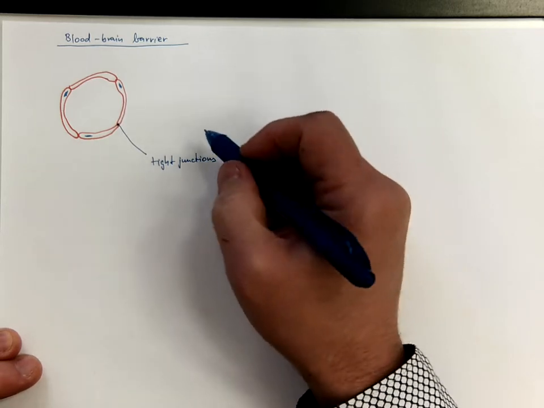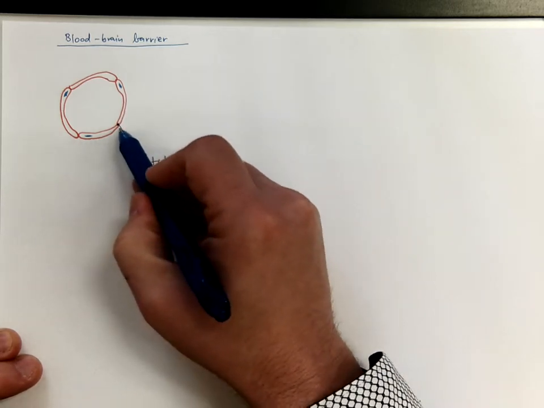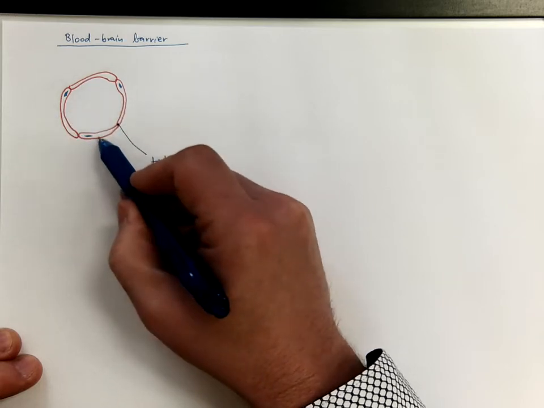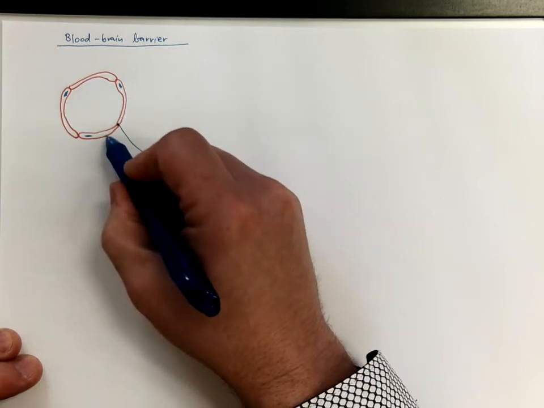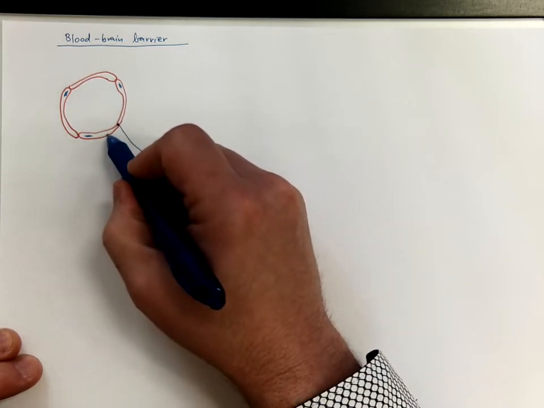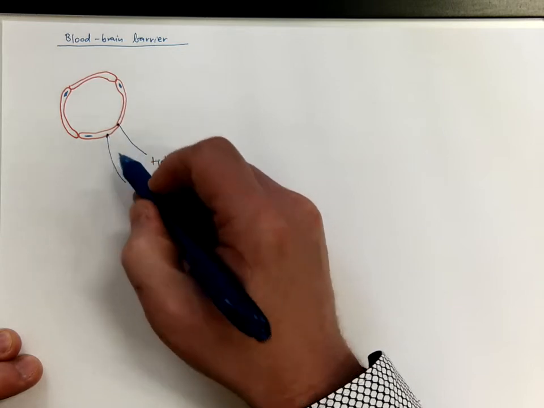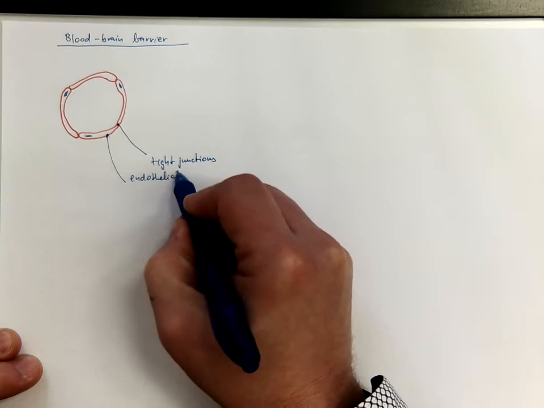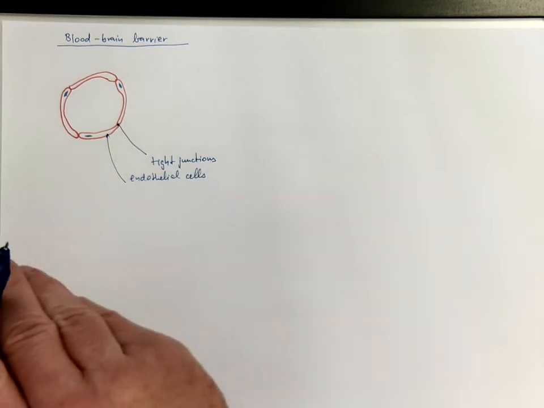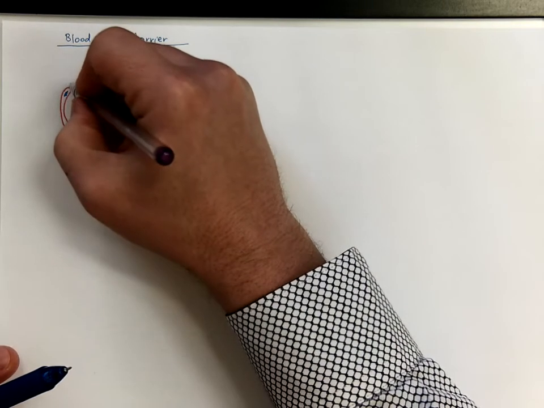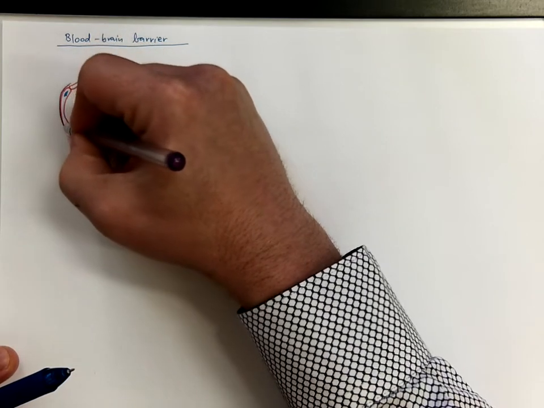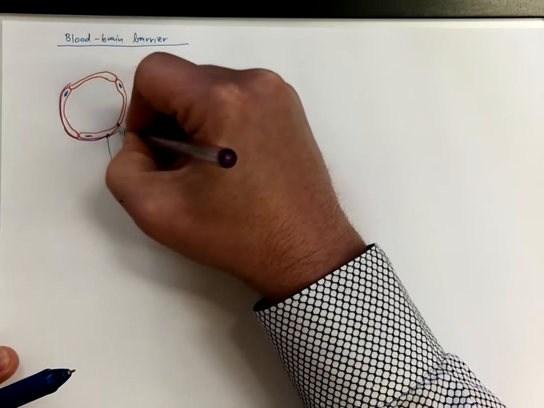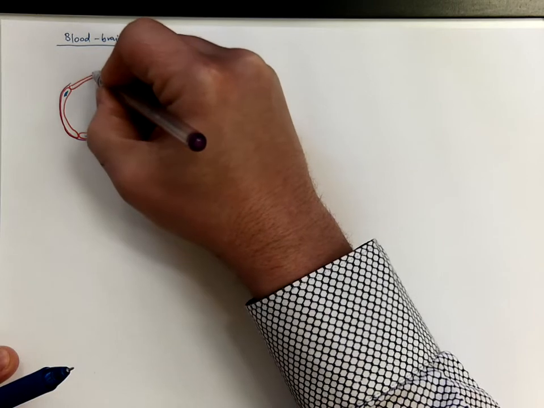And second, it's a continuous type of endothelium without any gaps, without any fenestrations. The endothelium of the capillary is surrounded by a continuous layer of extracellular matrix called basal lamina.